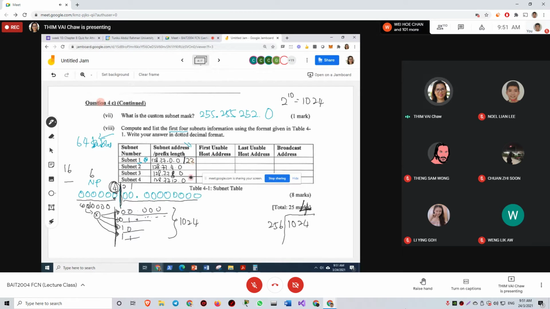So here will be a 22, here will be a 22, here will be a 22. You already have 16 bits for your network portion, and now you borrow 6 bits from the host portion to become network portion. So you add it together and it will be 22. Okay, that is the thing.